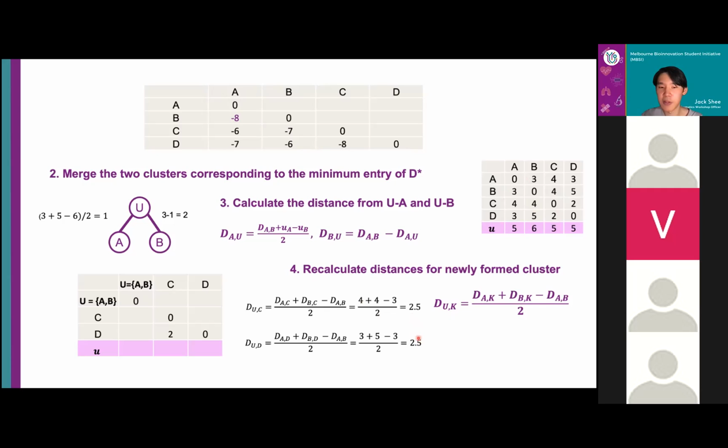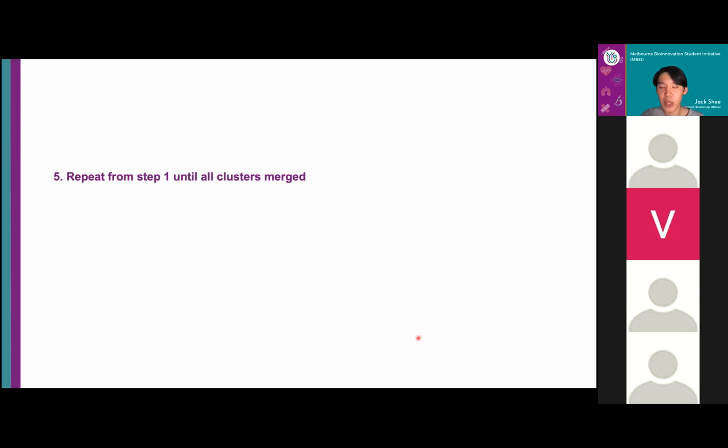So with this algorithmic implementation, you can see we've gone through every single step, and you'll have the opportunity to run through these algorithms in the workshop notebooks later. Now, we basically repeat this process after we've formed a new distance matrix until, again, all of our clusters are merged.